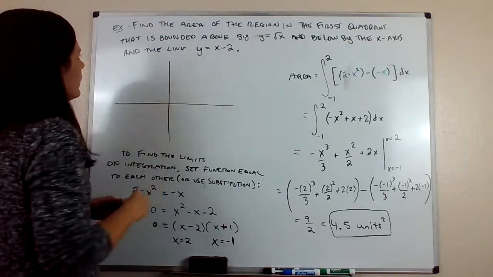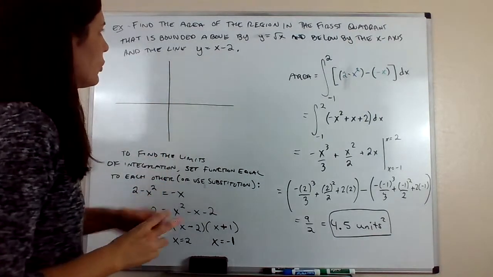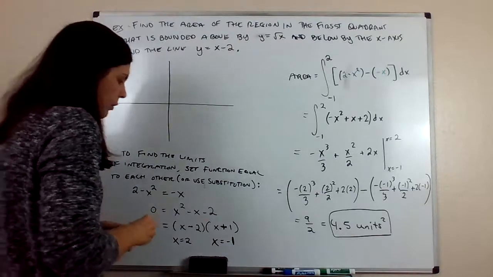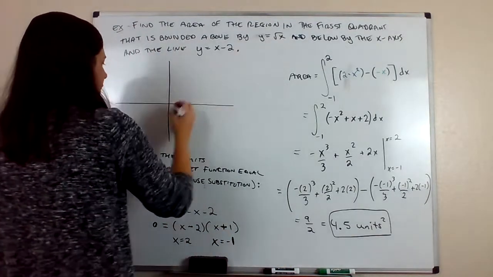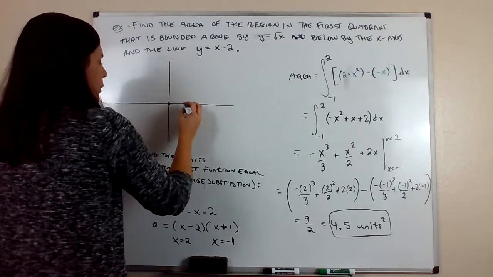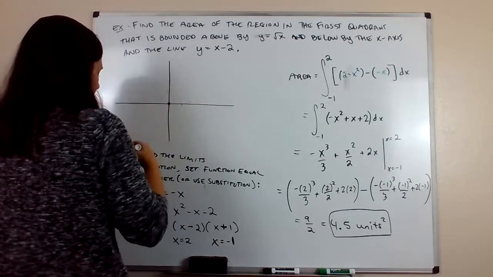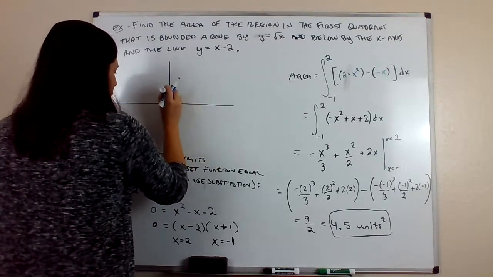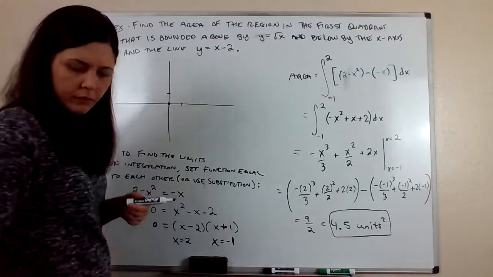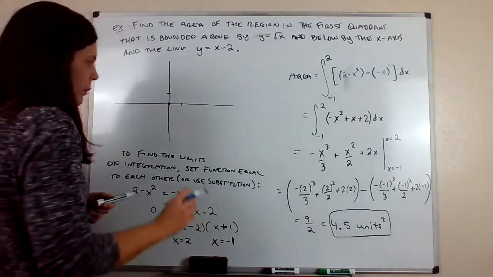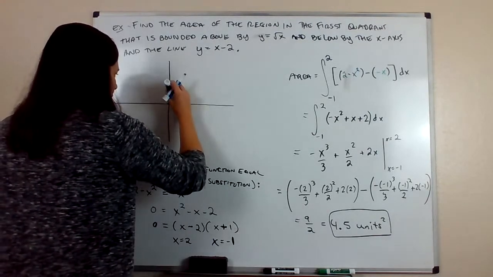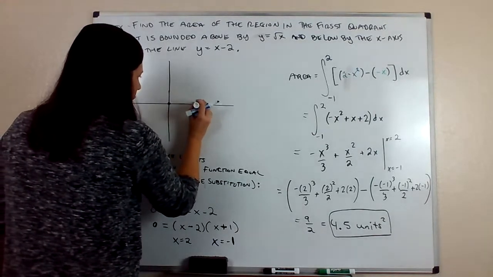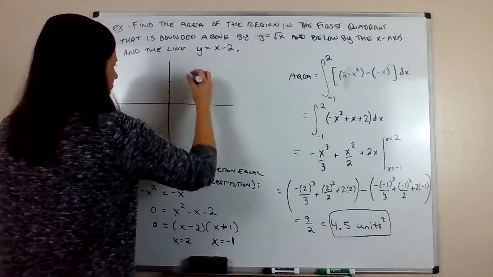So first quadrant, above by the square root of x. Let's draw that one. If you plug in 0, that's your first point. If I plug in 1, I get out 1. Actually, let me space this out a little bigger so you can see it. 1, 1.